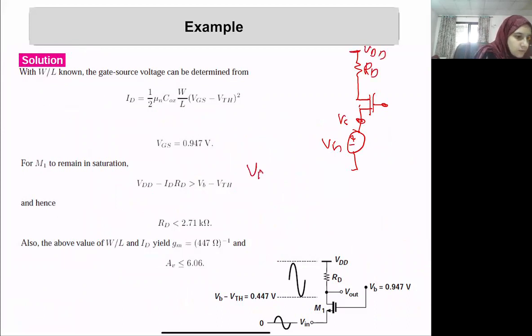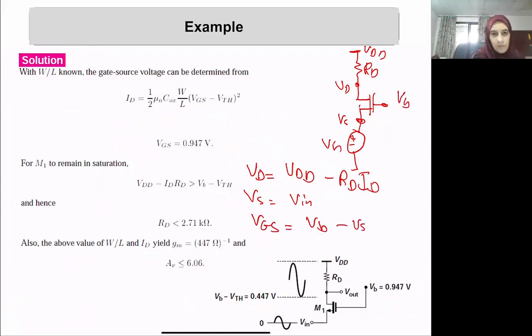So VD is equal to VDD minus Rd times Id, and Vs equals Vn, and Vgs equals Vb minus Vs. Therefore, we need to make sure that VD minus Vs should be greater than VB minus Vs minus V threshold.